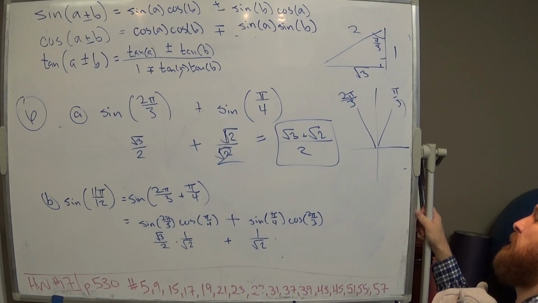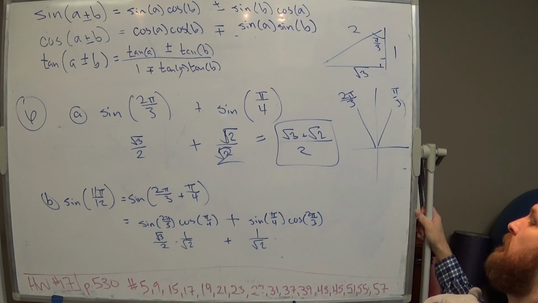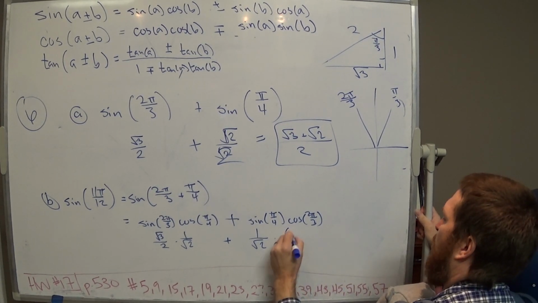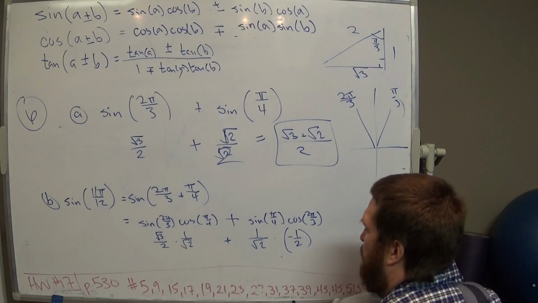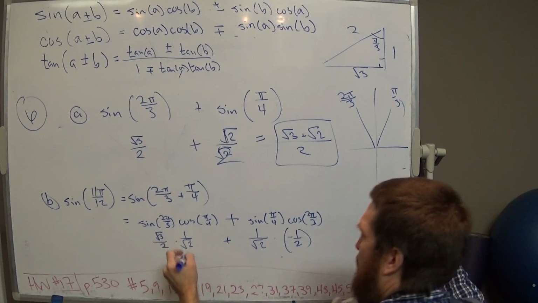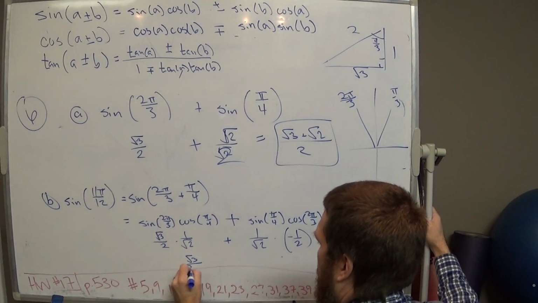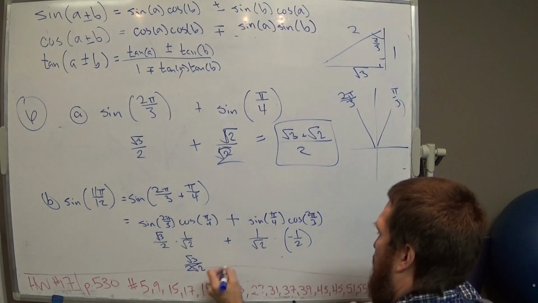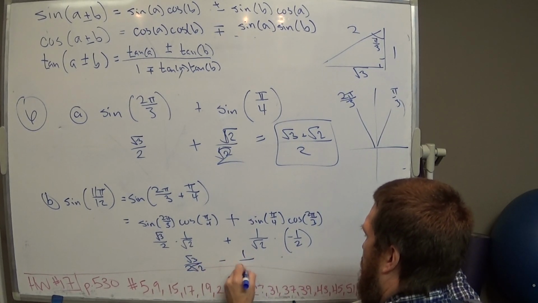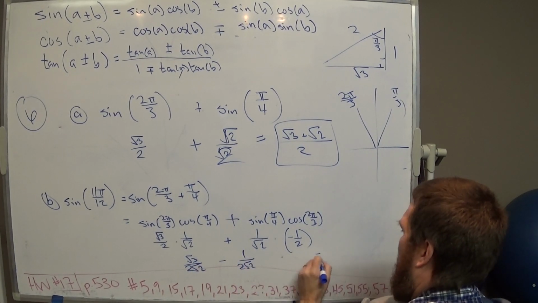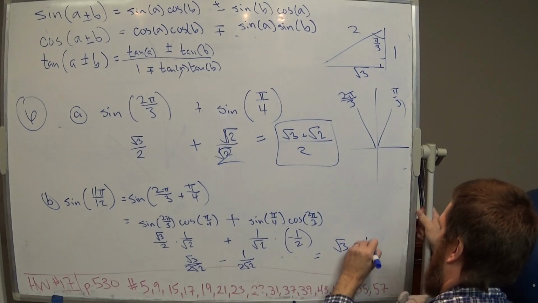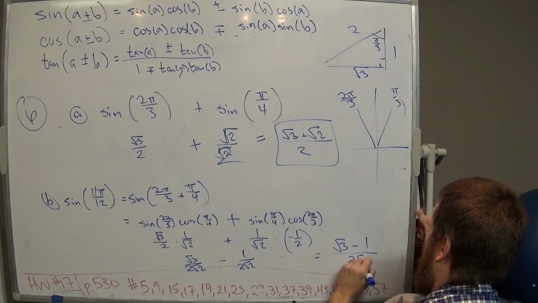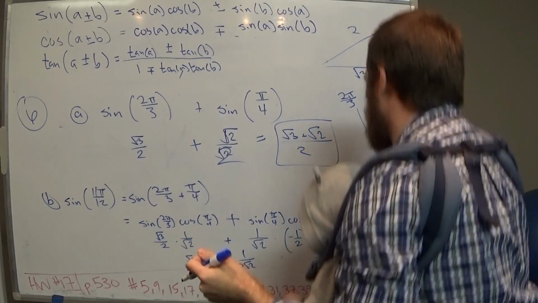Is 1/2 positive or negative? Negative, so negative 1/2. So I guess that's root 3 over 2 root 2, minus 1 over 2 root 2, which is root 3 minus 1 over 2 root 2. If I wanted to, I could rationalize that denominator.